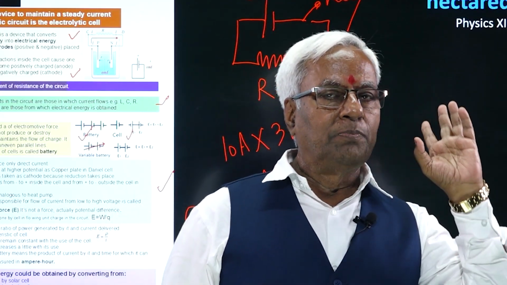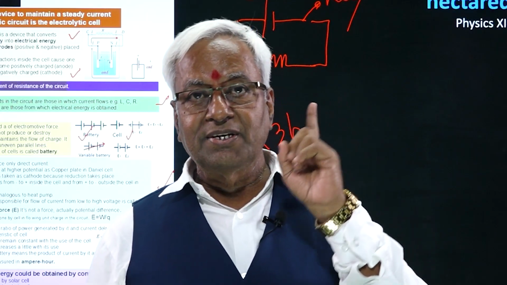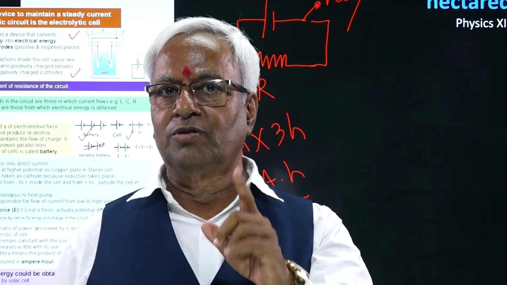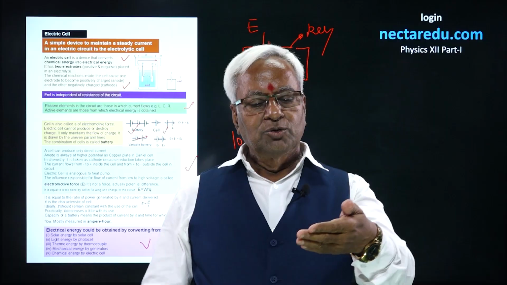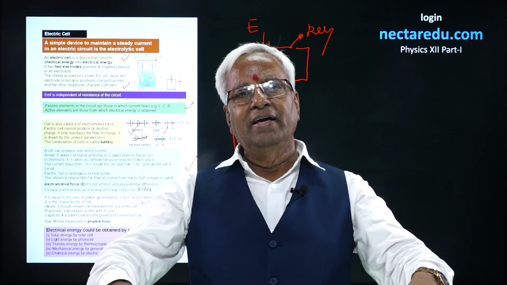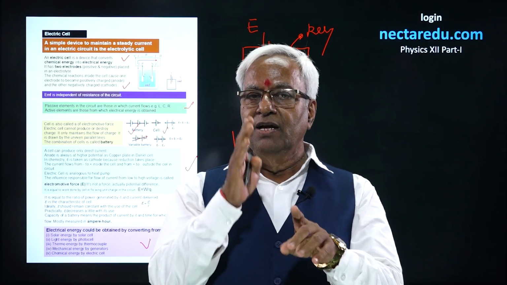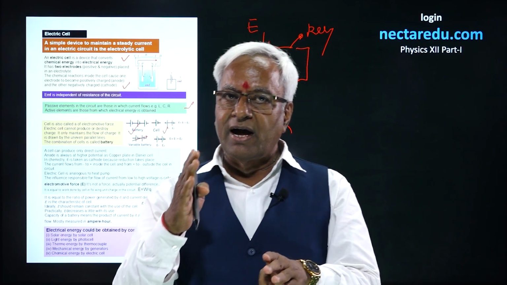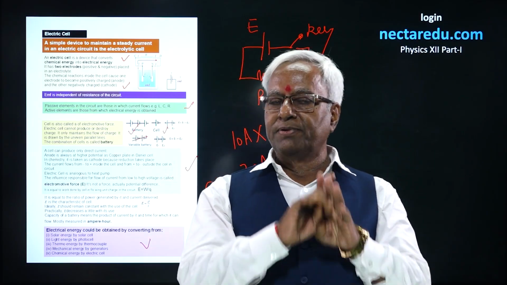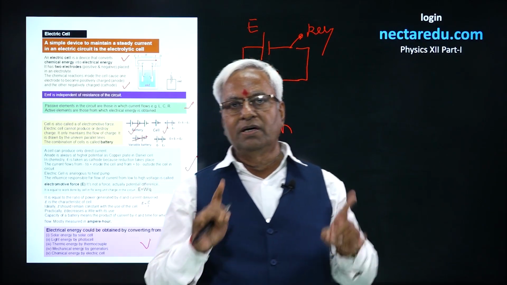And when you brought the cell, you purchased the cell, that time also it was of 1.5 volt. So when the cell is being thrown away, its characteristic, that is the EMF of the cell, will still be 1.5. Remember this thing, EMF is not going to change with the use of the cell.